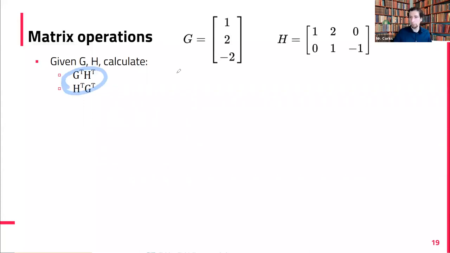So take some time right now, try to figure out: are those operations possible? What would the size of the result be, the dimensions? And then what's the actual result? What are the actual numbers in that? So please try to figure out as much of that as you can right now while I set up everything for us.